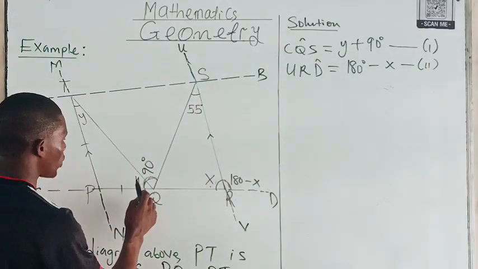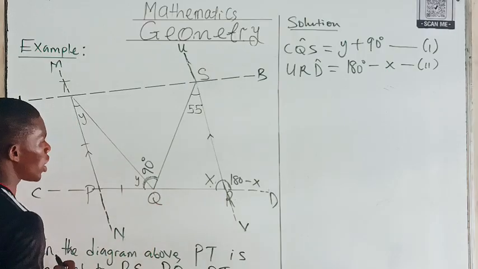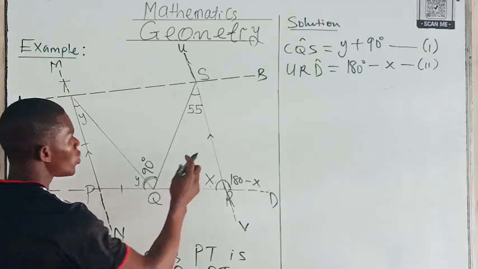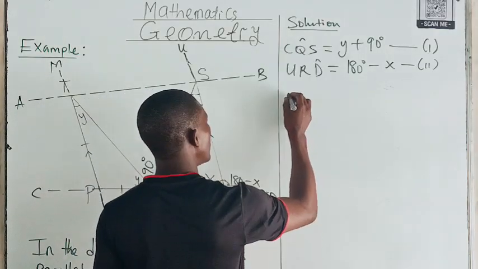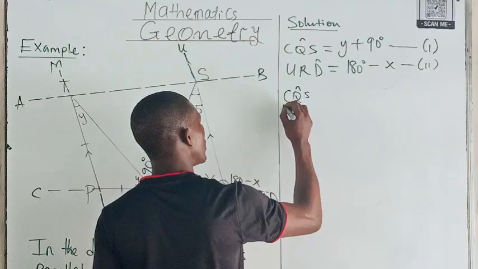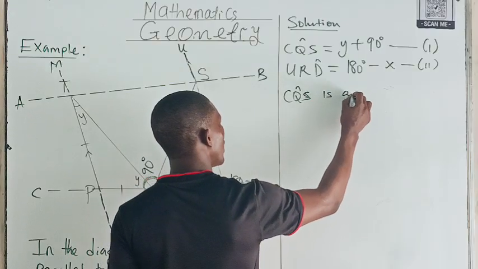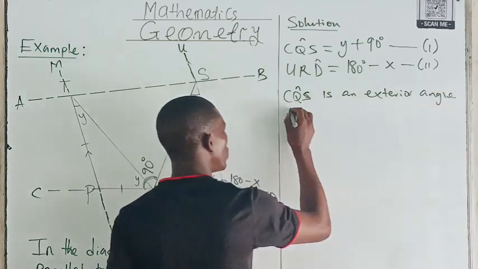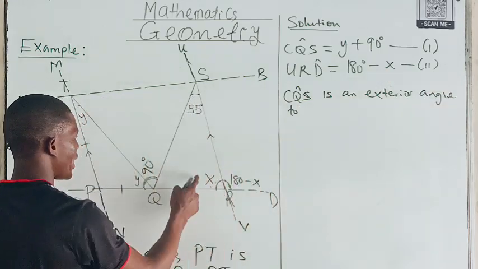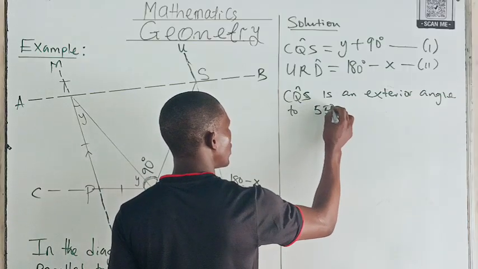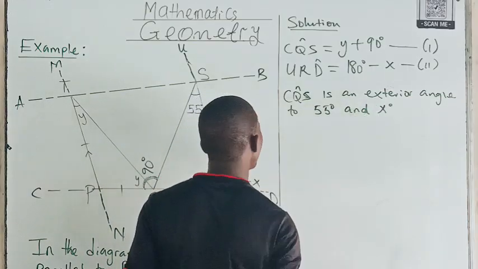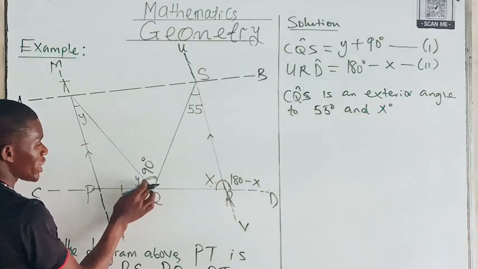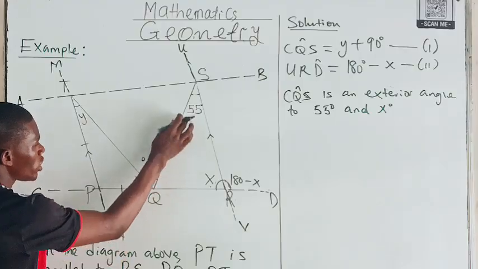The next thing to do is look at what we have here, an exterior angle. This is triangle SQR. So angle CQX is an exterior angle to these two angles, 55 degrees and x degrees.